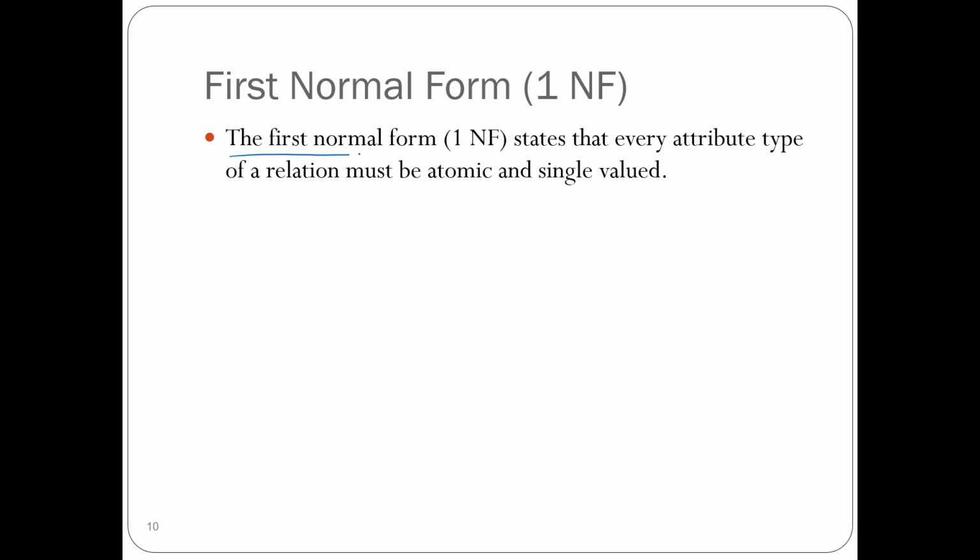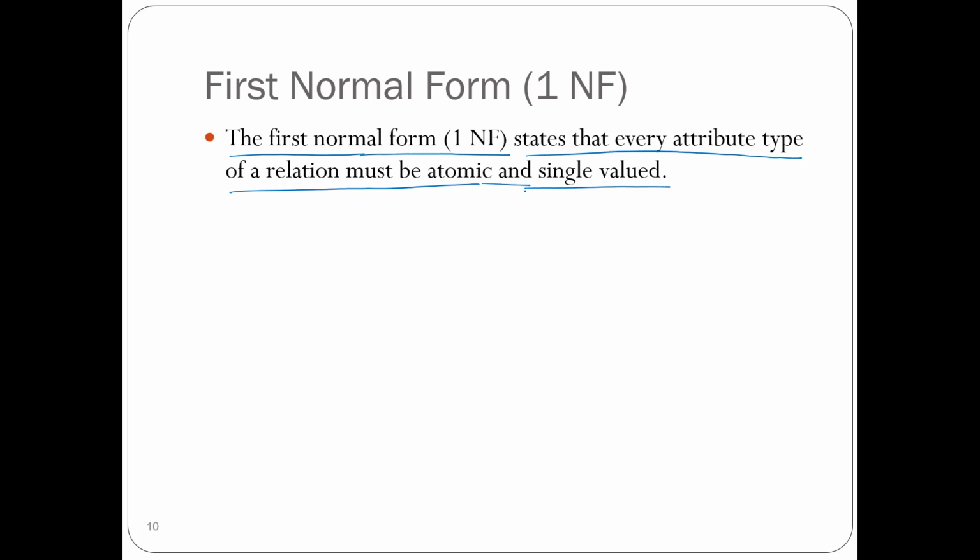The first normal form, which is also referred to as 1NF, states that every attribute type of a relation must be atomic and single valued. Atomic means it cannot be further broken down. Social security number, SSN, is an example of an atomic attribute type, whereas an employee name is not an atomic attribute type, because the employee name can be further decomposed into first name, middle name, and last name.